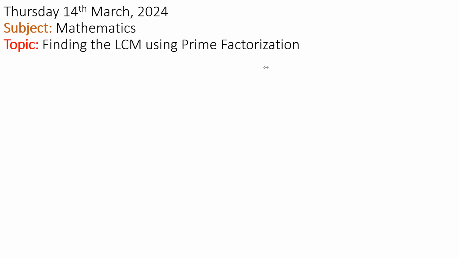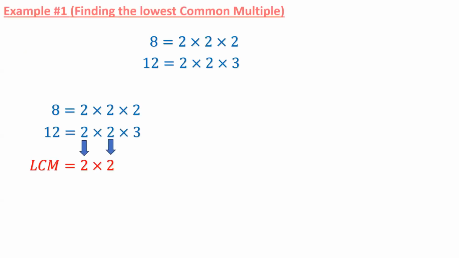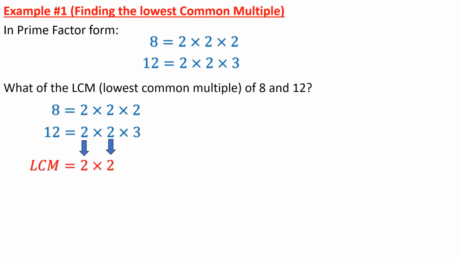So let's say, for example, we have this question. This is going to be our first example. We have 2 numbers, 8 and 12. What's the prime factorization of 8 in this question?